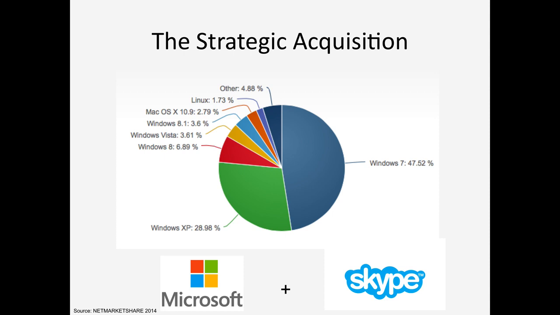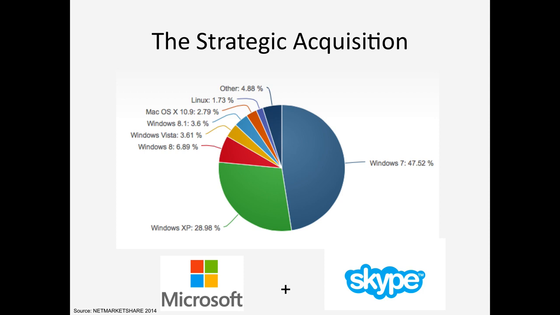Strategic acquisitions are defined as a situation where the acquiring company has some sort of asset that makes the business worth more to that acquiring company than it would be as an independent operating business selling to, for example, a financial buyer. There's got to be some asset or resource that the strategic is going to bring to bear to make it worth more to them than it is naturally in the marketplace.